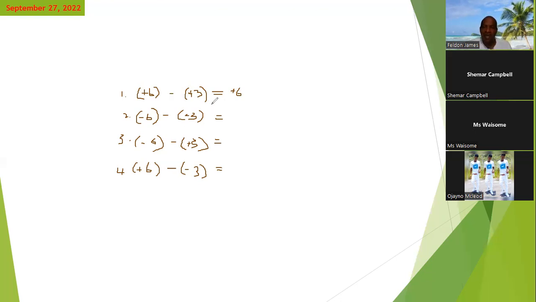So what happens to the sign of the number inside the bracket when the bracket is removed? It changes to the opposite, so this becomes -3. And then to get your answer, you apply the same rule of adding positive and negative. So if you have $6 and you owe $3, how much are you going to have left?